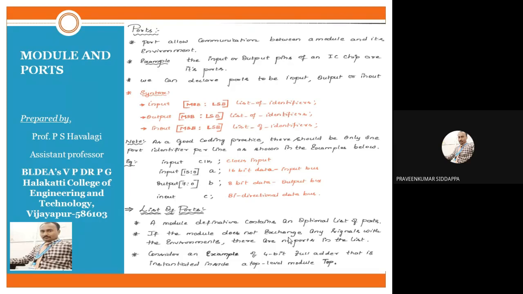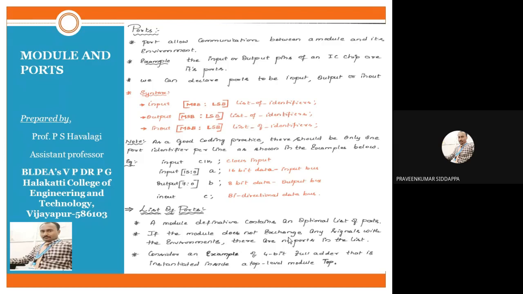For that purpose, we require the port. Here I have written one sentence about the port: Ports allow communication between a model and its environment. Whatever external information is there should be transmitted to your devices. For that purpose, we require ports.